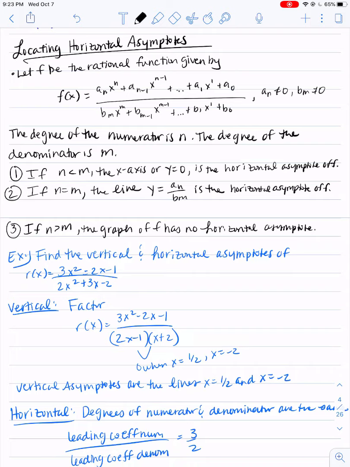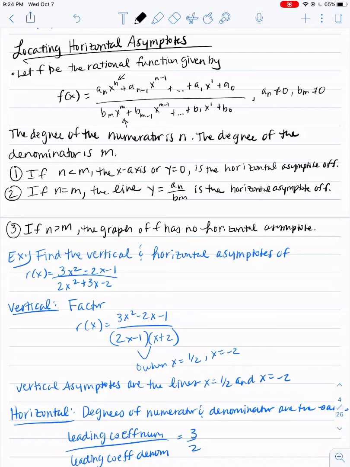Alright, so locating our horizontal asymptotes. We have f as the rational function given by a_n x^n and so on over b_m x^m and the rest of that. The degree of our numerator is n, and the degree of our denominator is m. If n is less than m, then the x-axis, or y equals 0, is the horizontal asymptote of f.